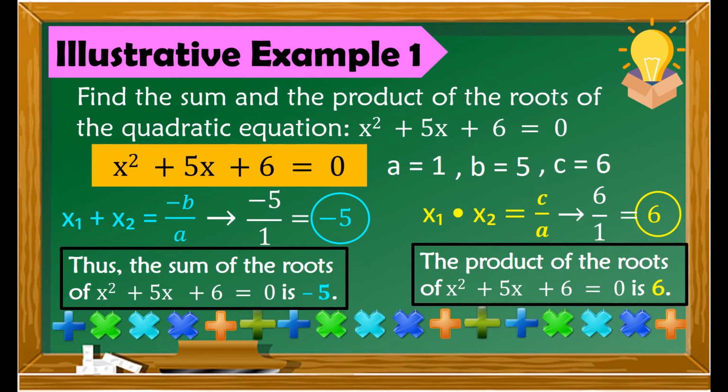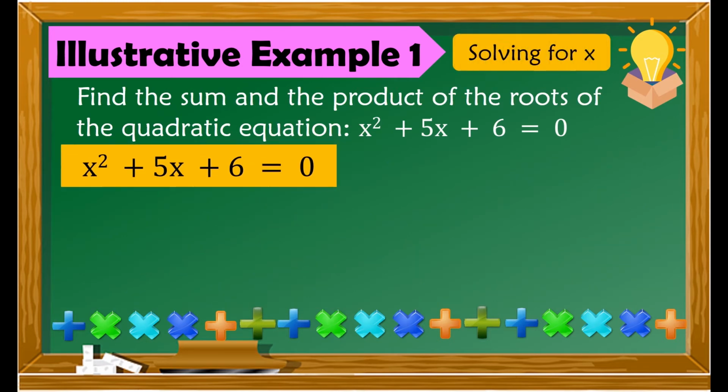Now, to check if that is really correct, we can go back to the basic. We can solve for the values of x and check if that is really correct. Let's now have the solving. So, solving for the value of x, we have here the given equation x squared plus 5x plus 6 is equal to 0, which is already in standard form.